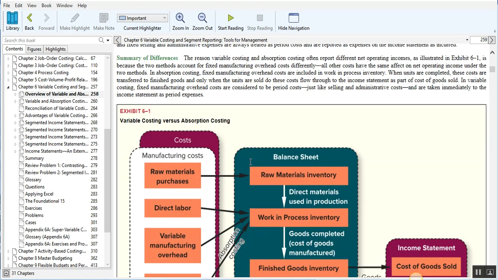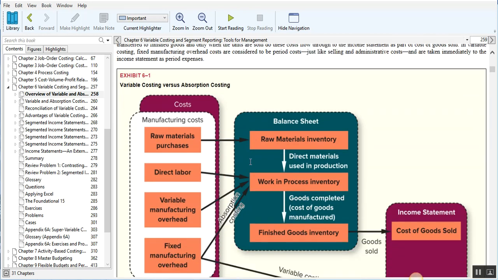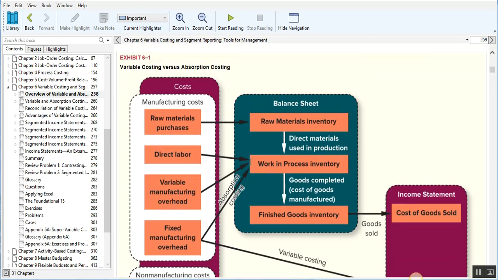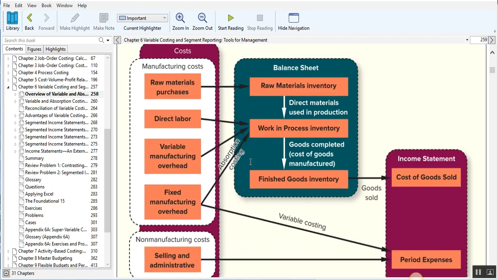All right, now if you want to look at the differences between the two, they have this nice chart here in Exhibit 6.1 where you can see the costs and where they're assigned in the balance sheet. And this is basically going to be very familiar to you. The difference is, you notice, this is what we've been doing right here.